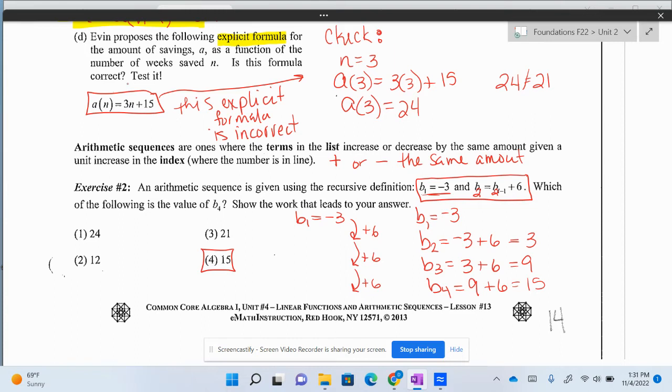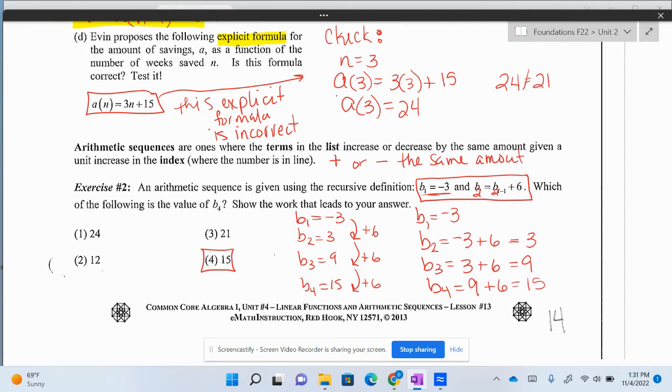Yeah, you did. You just add that. So -3 plus 6 is 3. 3 plus 6 is 9. 9 plus 6 is 15. So think of this as slope and don't get all caught up on the formula because I think the formulas are challenging. However, you do know how to manipulate those.